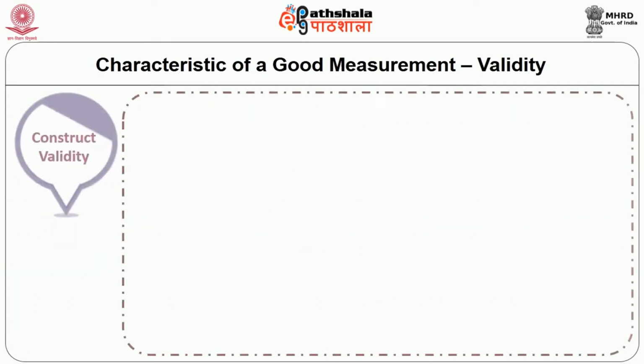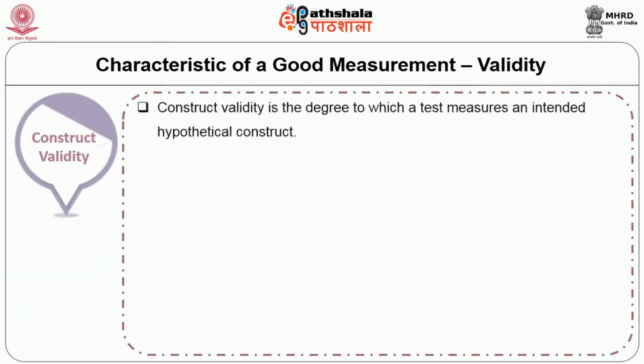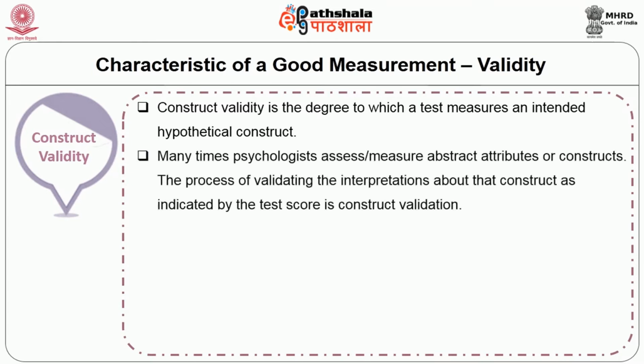Construct validity. Construct validity is the degree to which a test measures an intended hypothetical construct. Many times psychologists assess or measure abstract attributes or constructs. The process of validating the interpretation about that construct as indicated by the test score is construct validation.